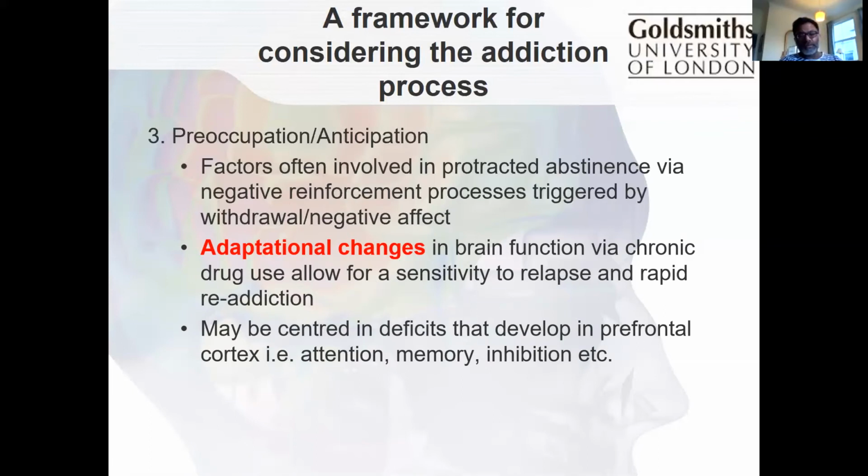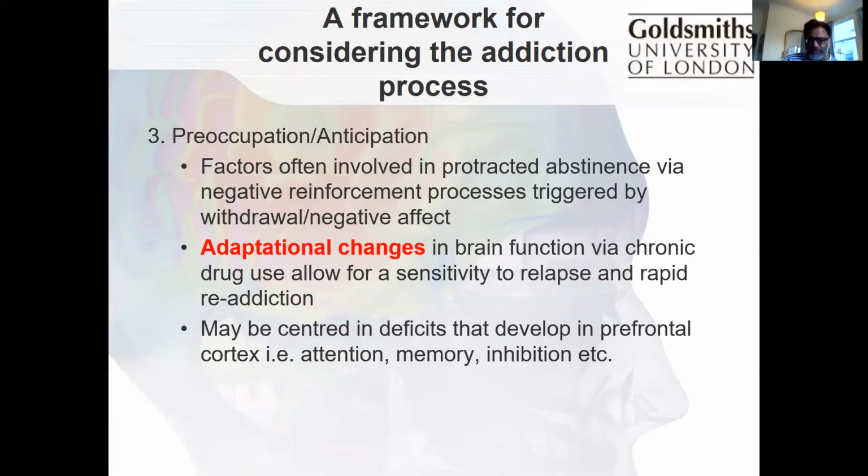So do you remember that I said that the nucleus accumbens and the ventral tegmental area, they're linked to the prefrontal cortex? Well, prefrontal cortex is where we start getting the behavioral problems, because attention, control of memory, inhibition, which is trying to stop certain behaviors, those are all controlled by the front of the brain.